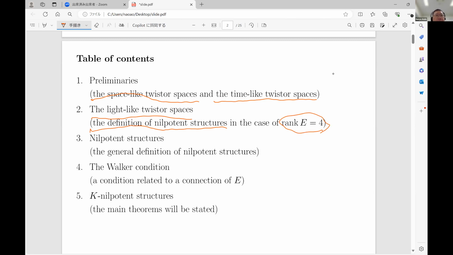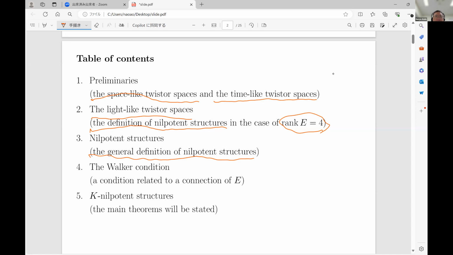In section 3, I will explain the general definition of nilpotent structures of an oriented neutral vector bundle of rank 4n. In section 4, I will explain the Walker condition. The Walker condition is derived from the definition of Walker manifold.